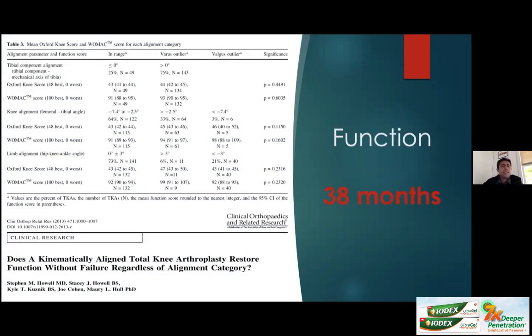He looked at his kinematically aligned knees, which were in the normal range that he had predicted, varus outliers, people put in too much varus, and valgus outliers, people put in too much valgus. And he looked at their function, various different functional scores, such as the Oxford score, Womac score, etc., at 38 months, and found absolutely no difference in their functional outcomes. So there seems to be a disconnect between their alignment and their function.